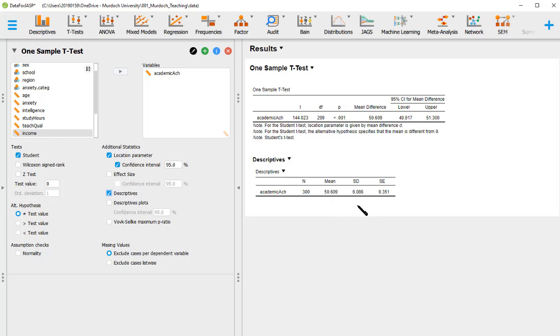So the mean and the standard deviation are calculations over the sample. Standard error of the mean belongs to the sampling distribution of the mean, based on this mean, of course, but it's a parameter estimation statistic rather than a descriptive one. So that's why I don't like that it's included in descriptives.